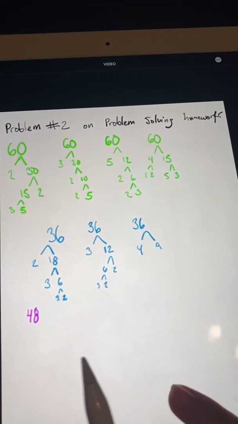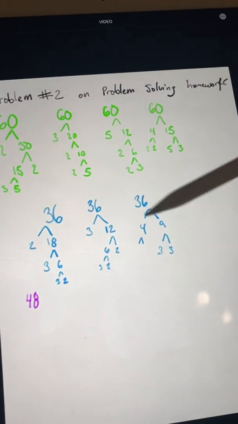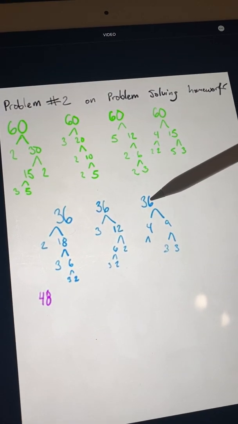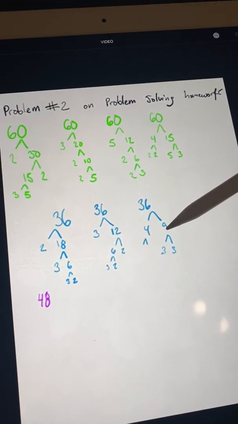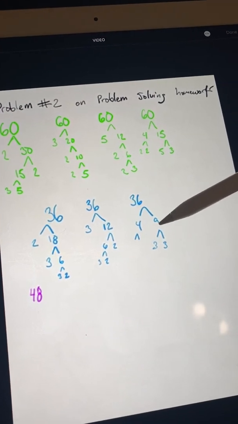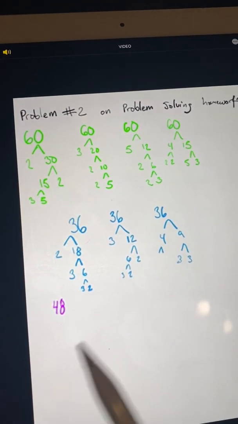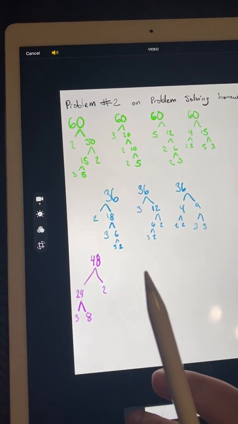So 36 is divisible by 9 and 4. So 36 divided by 9. 4 times 9 is 36. And then the 9, of course, 3 times 3, you get 9. And 2 times 2, you get 4 there. And then that's all I could find for 36.